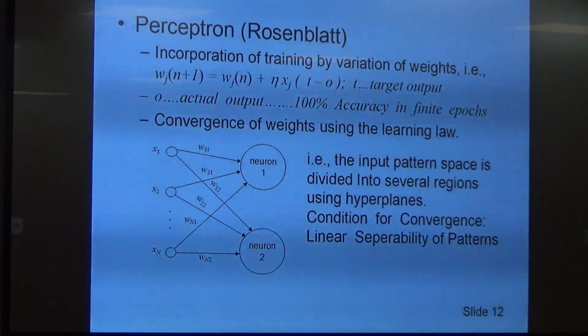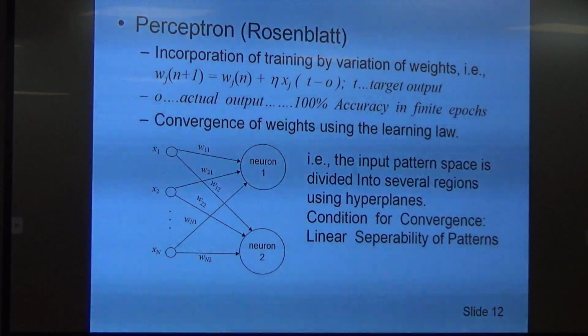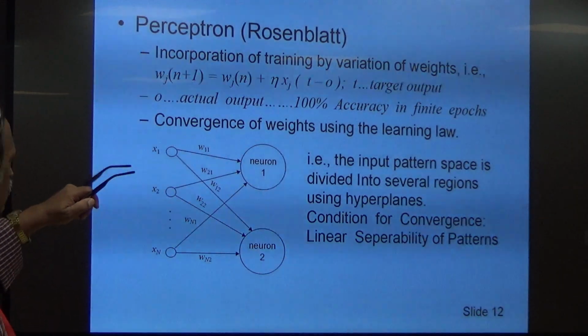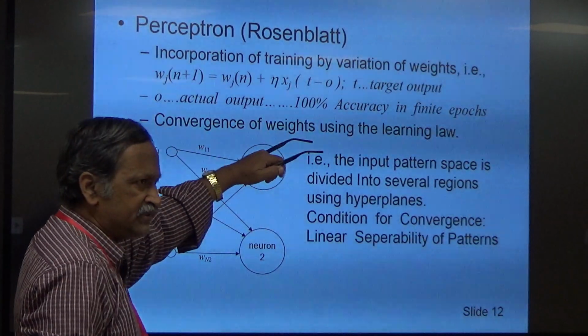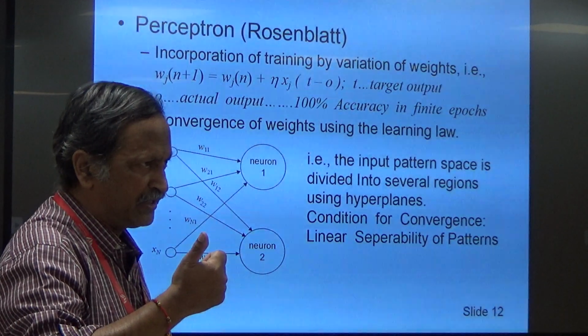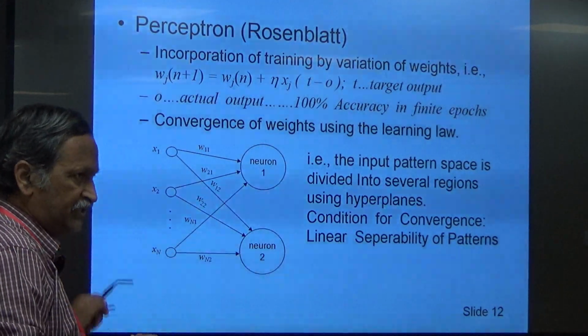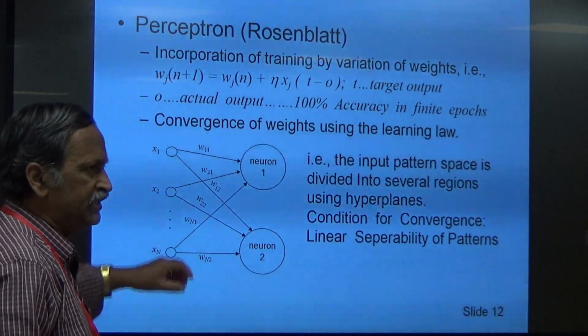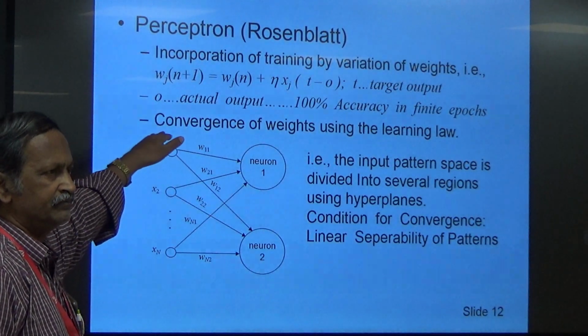It so turns out that this simple looking learning law converges. That is, in finitely many trials, these synaptic weights converge to a synaptic weight vector which will correctly classify the patterns, provided something happens. The condition is linear separability.